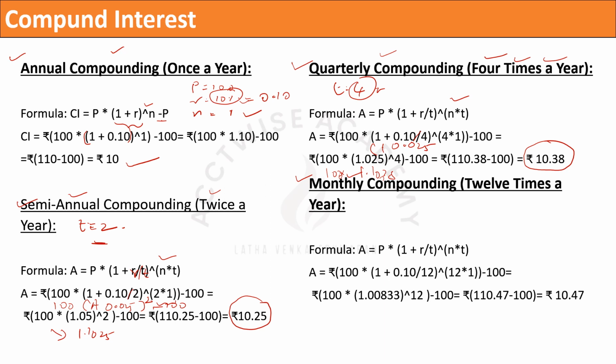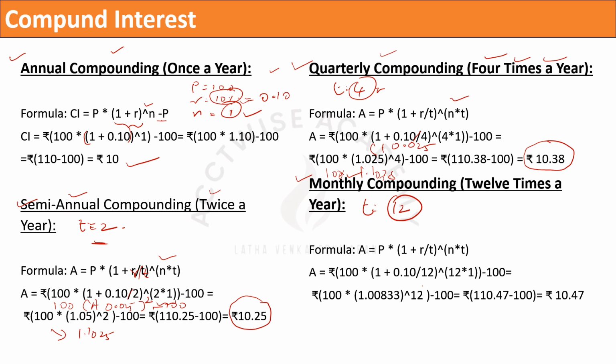Now let us see how our interest changes when it is charged 12 times a year, or compounded monthly. What is our T now? Since it is charged 12 times a year, T is 12. R by T is 0.1 divided by 12, to the power of n into T. N is 1 and T is 12, correct.